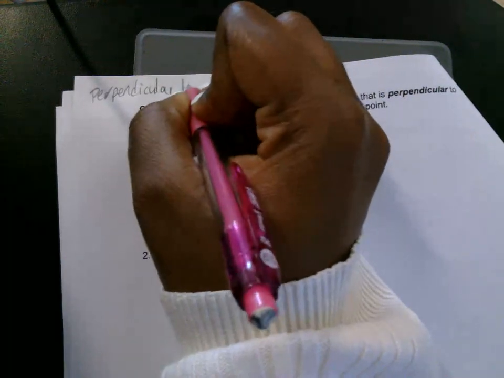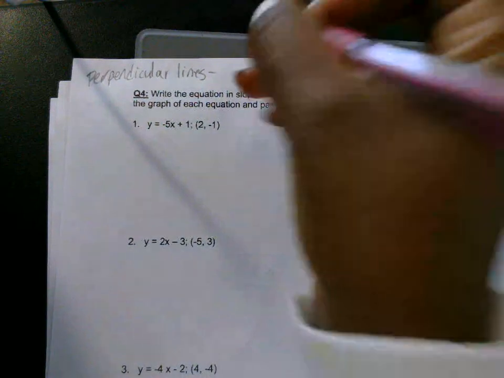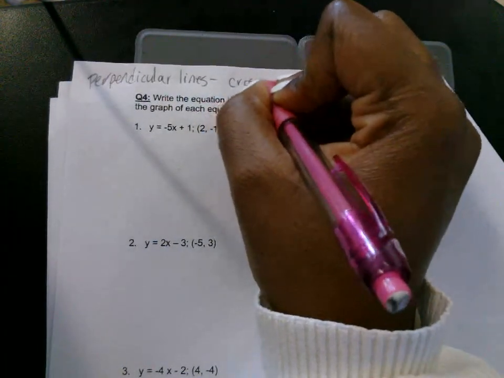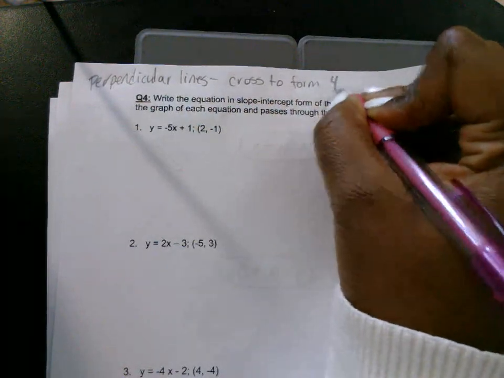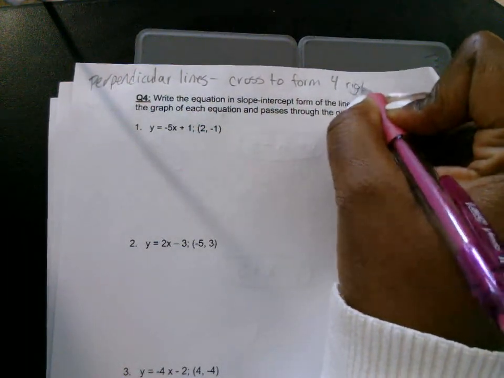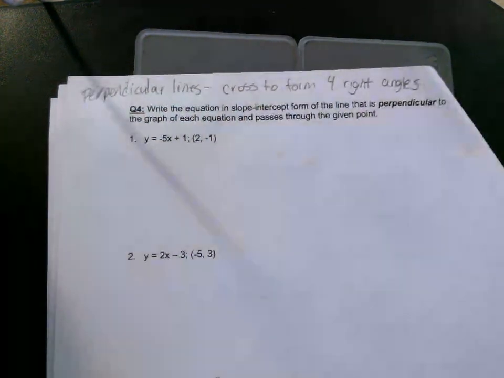Perpendicular lines. They are lines that cross each other to form 4 right angles. They cross to form 4 right angles. We don't have a lot of space, so I'm abbreviating. Okay.